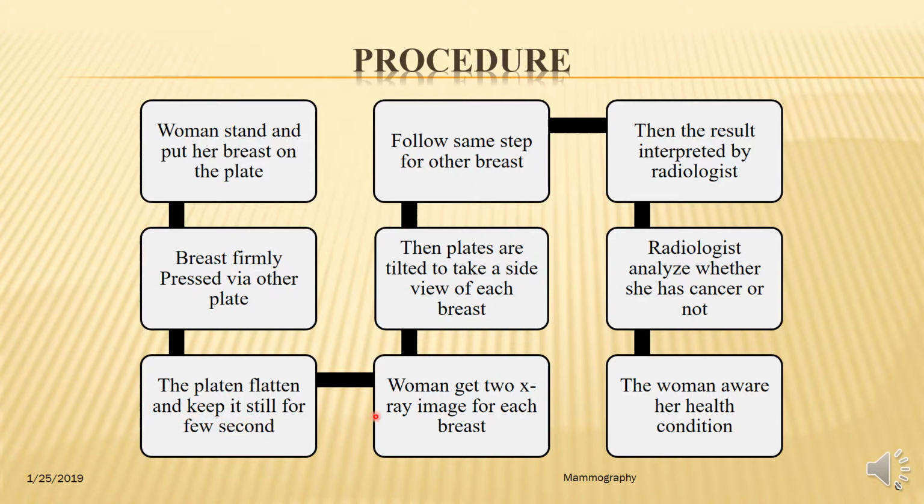Then an X-ray image is taken for each breast. Then the plates are tilted to take a side view of each breast. Follow the same steps for the other breast as performed on the first breast. Then the result is interpreted by a radiologist, who analyzes whether she has cancer or not. The woman becomes aware of her health condition.